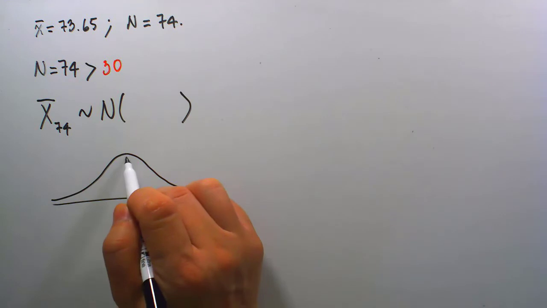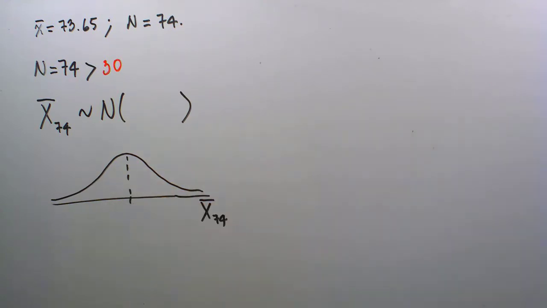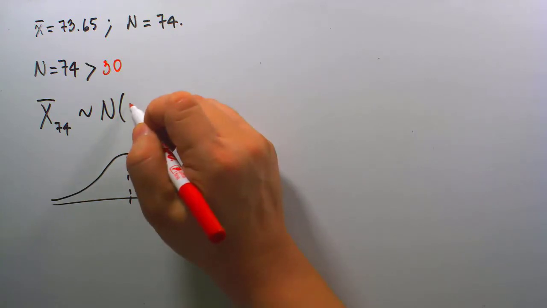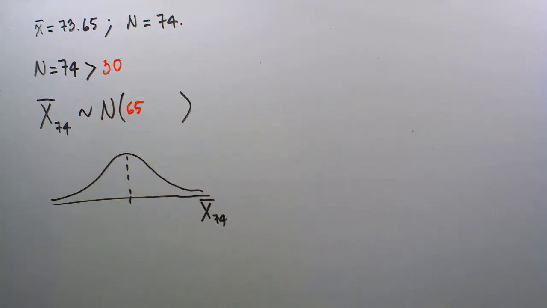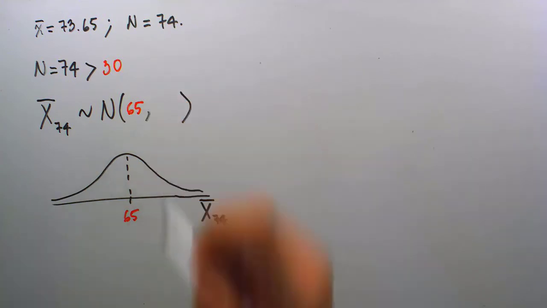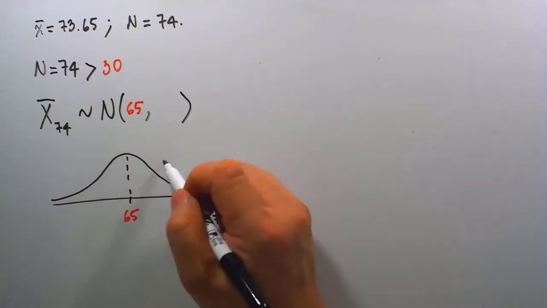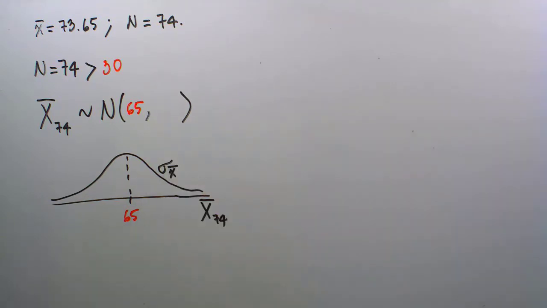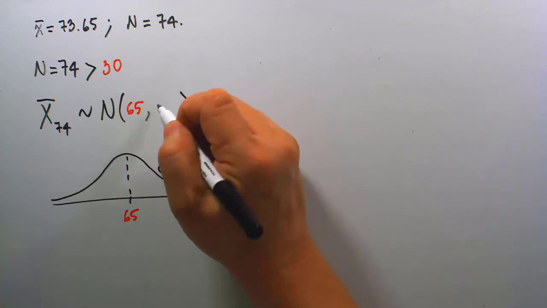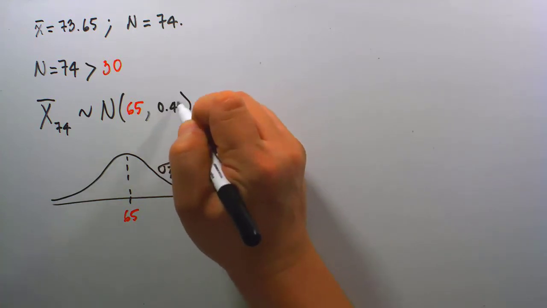The center of this bell curve would consequently be the value we accepted from the claim in our null hypothesis, 65. So 65 would be right in the center of our bell curve. And further, the average spread on this bell curve would be the sigma we calculated previously, which is 0.46.